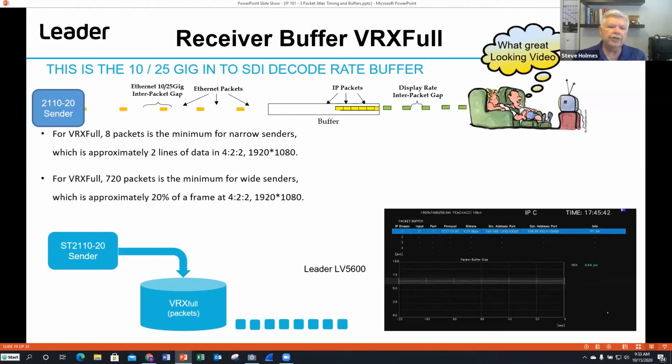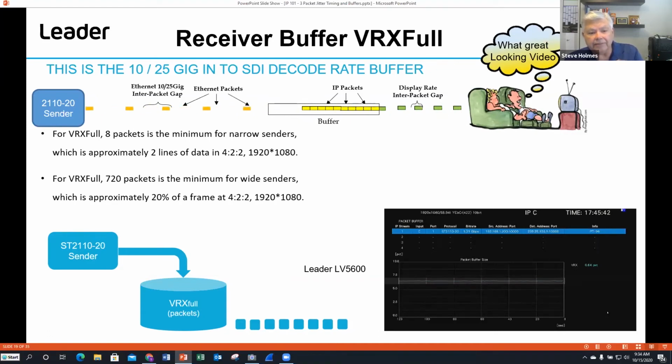But as soon as we go to a software sender, we're going to have to hold 720 packets in the buffer before we can put it out, because there's that much accordion effect of the space between packets and how many packets I'm getting crunched together, which is now about 20% of a frame at 422 1080i.